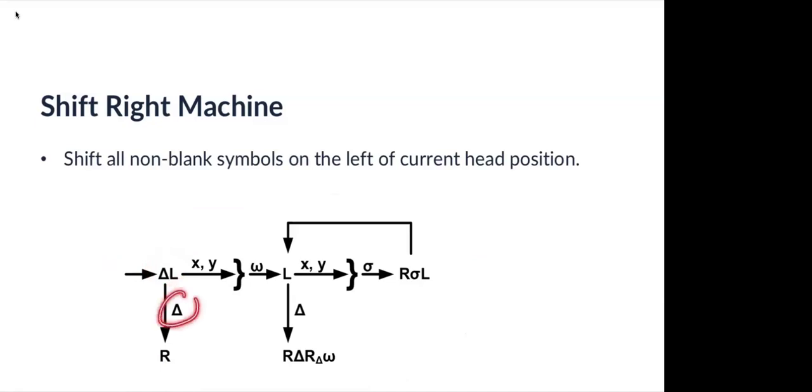If we find a delta, then we will go to the right and end. But if we find x or y, we will store it to omega. Then we will go to the left.